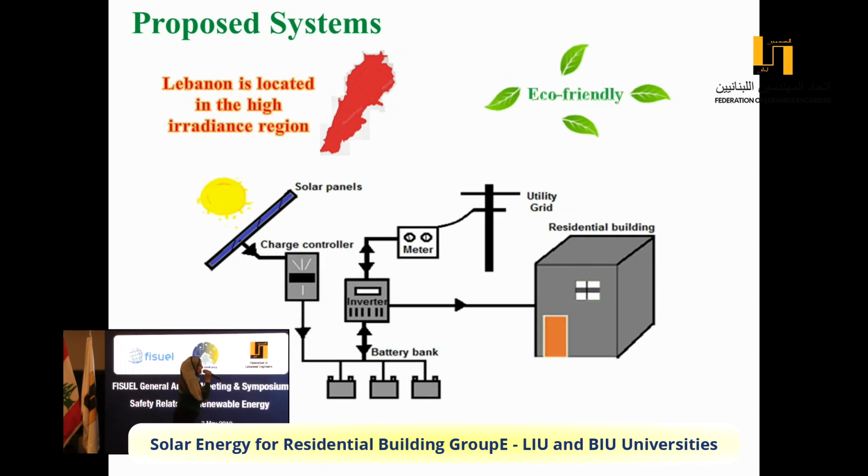For the photovoltaic system, or electricity generator, we use solar panels, a charge controller, an inverter, batteries, and the net metering technique.